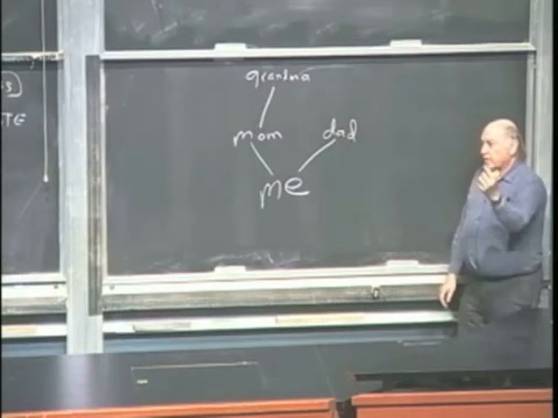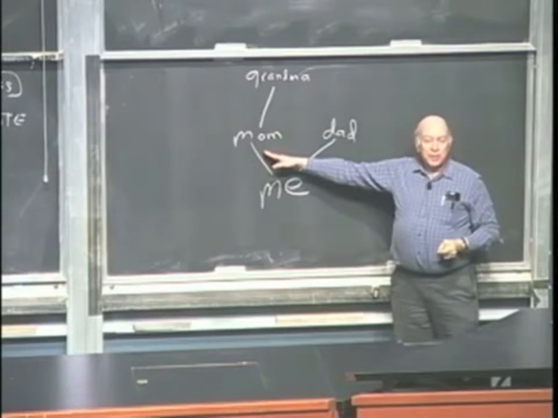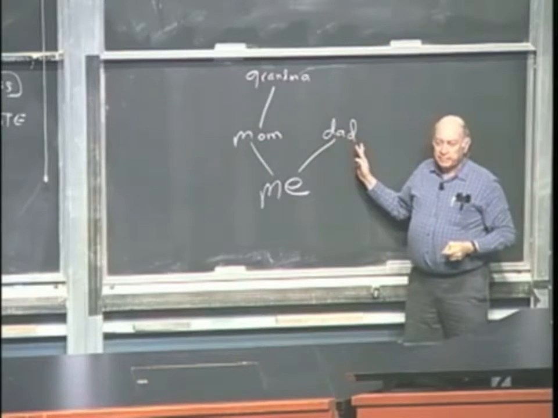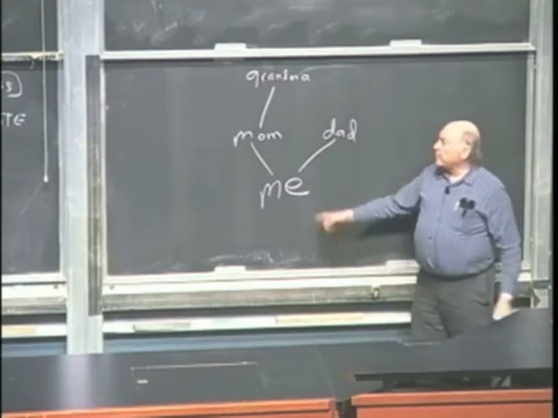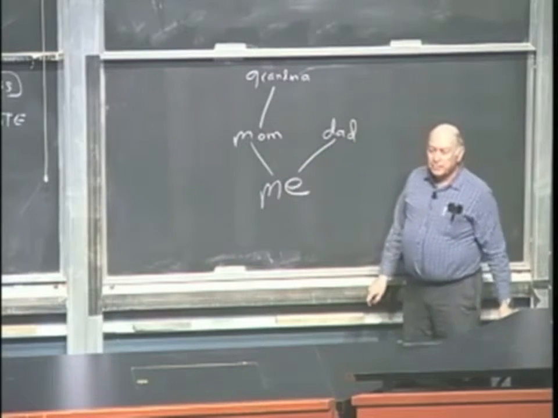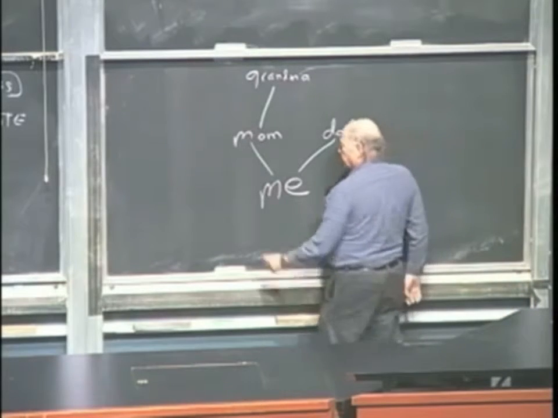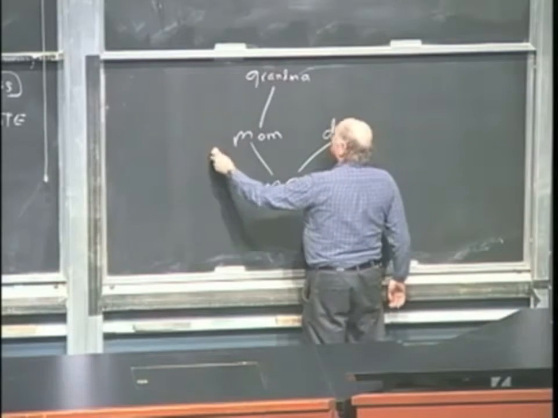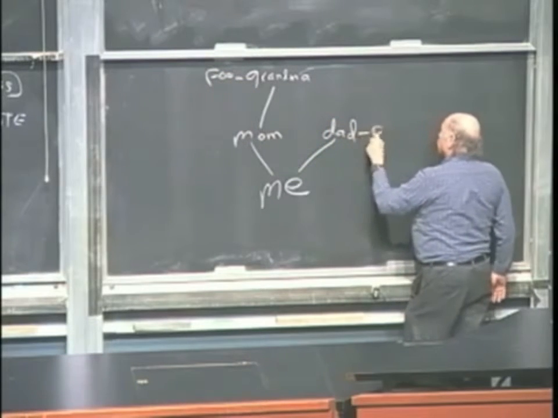So the answer to the question, which parent do we ask, is in this case, first we'll ask mom, and then we'll ask dad. Okay? But what if mom does not have a method? So I send it the message foo. There's no foo here, there's no foo here. Grandma has a foo, and dad has a foo.